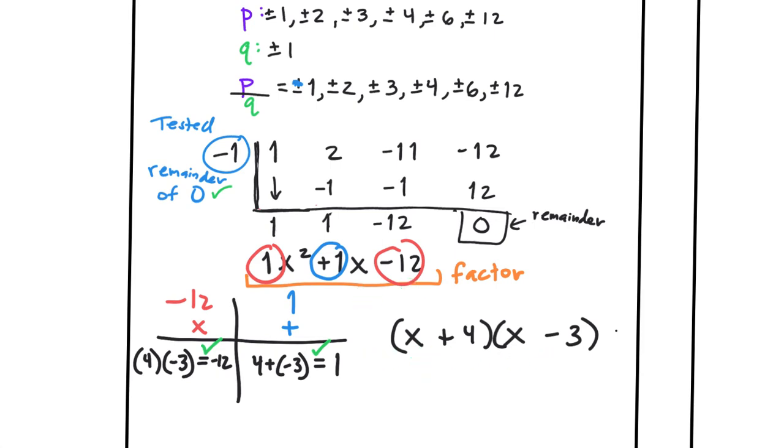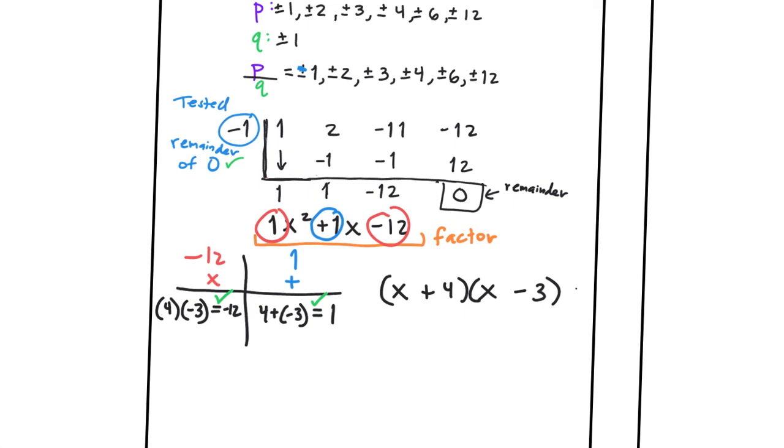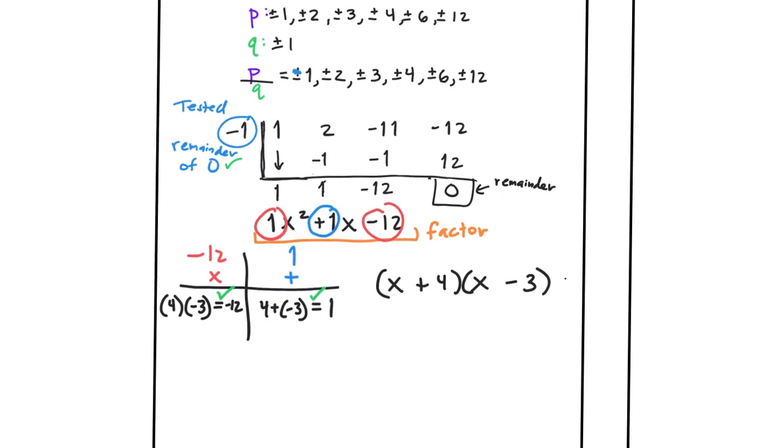Okay, so I can get x values from here. Because we talked about last lesson that if I have factors, I can get x values from them. So what would we usually say?